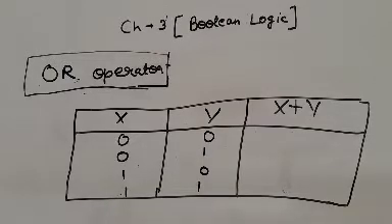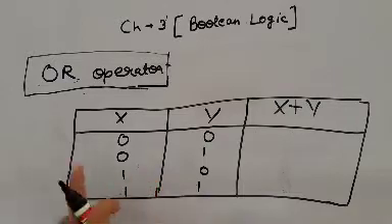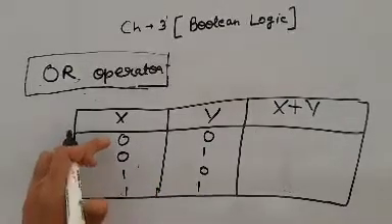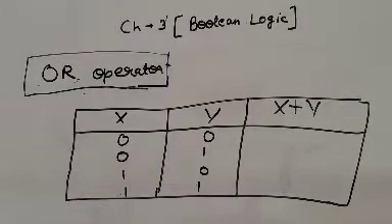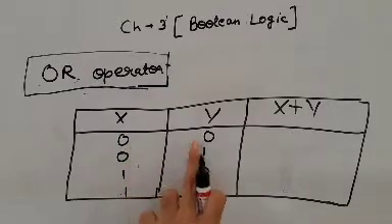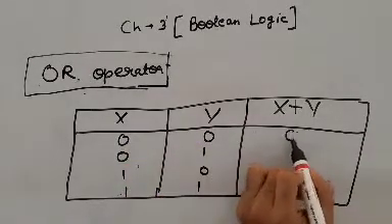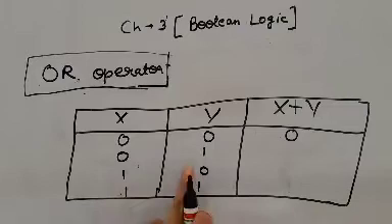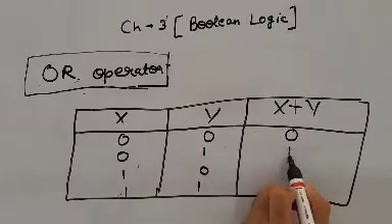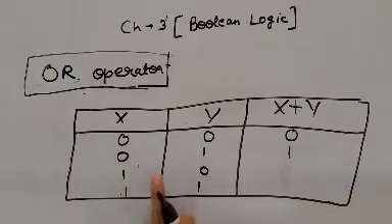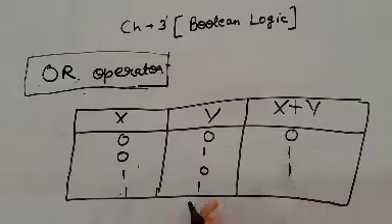Is that clear? 4 results are there, so for that instance we are using 4 conditions. When you add 0 plus 0, you will get 0. When you add 0 plus 1, you will get 1. When you add 1 plus 0, again 1, and 1 plus 1, again 1.